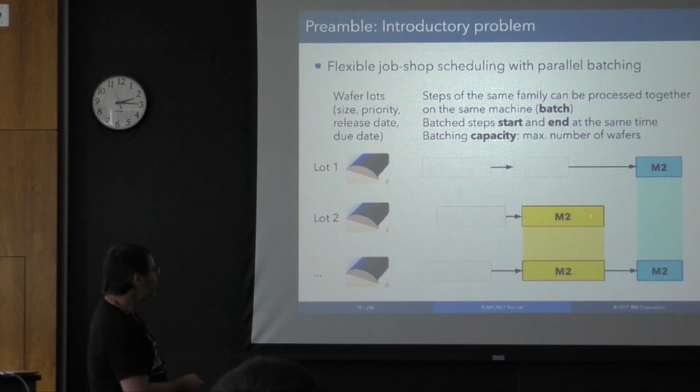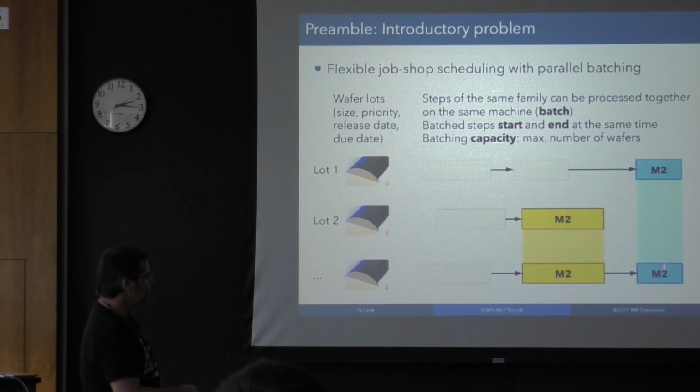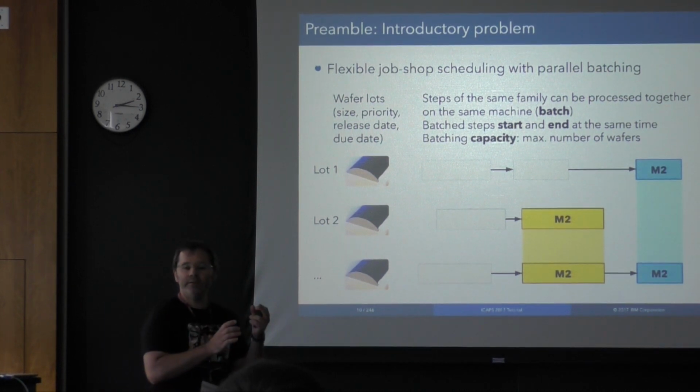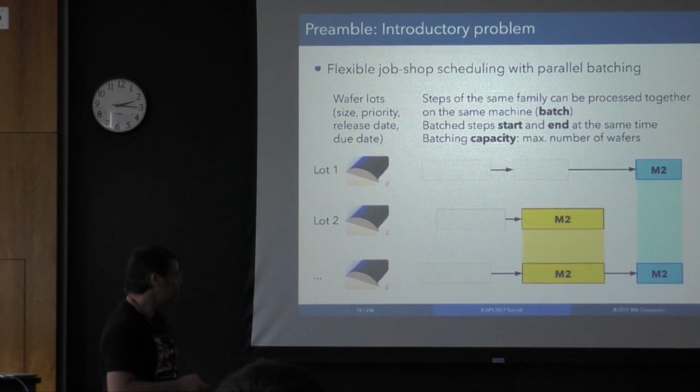So you see, for instance, that here on machine M2, it can process both the yellow and the blue steps. We have done a batch with these two lots, and then a batch with these two lots. You can batch together only steps from the same family, so steps of the same color here.